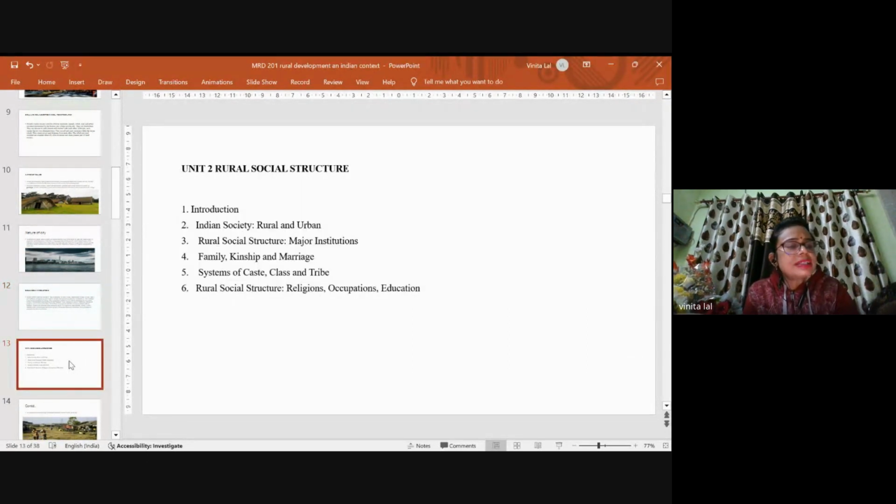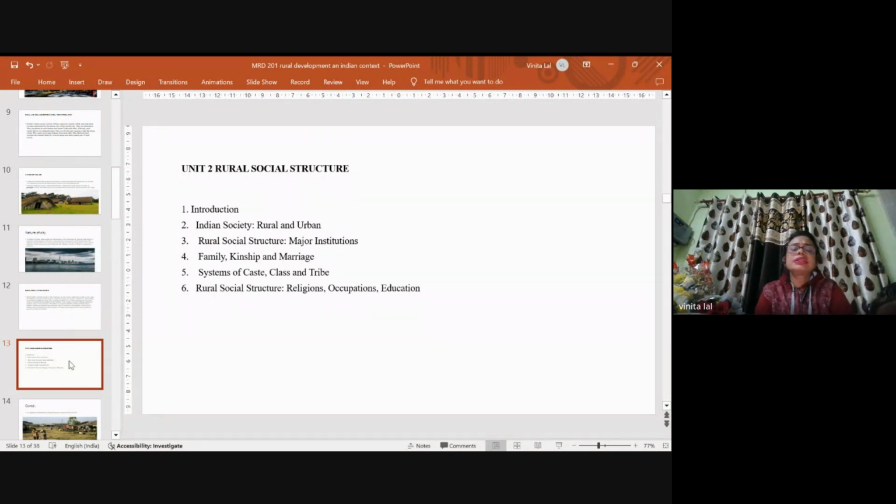The second unit is our rural social structure. In rural social structure, we will cover the introduction, Indian society, rural and urban.